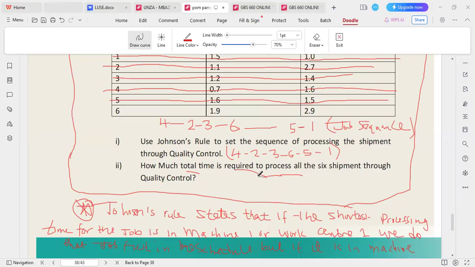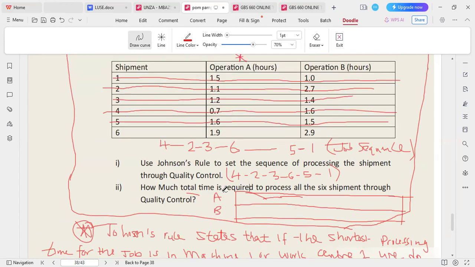We'll do the Gantt chart here. In this Gantt chart, we have the two operations, A and B. Under this, we know that the starting job that we are working on right now is job 4.